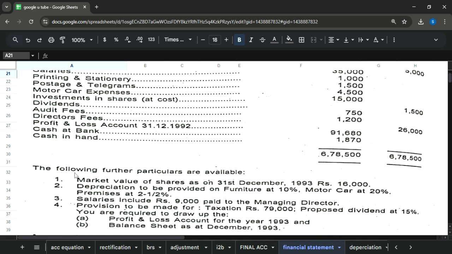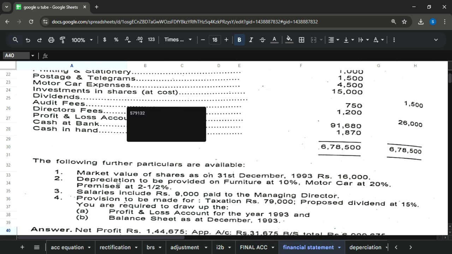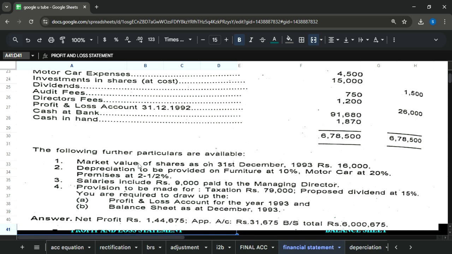There are few adjustments also present over here, 3 4 adjustments are present, and you do know that these adjustments would have dual effects if they are not present in trial balance. So two effects of each adjustment we are going to enter, and elements of this trial balance would also be included in financial statement. So it was a brief introduction.